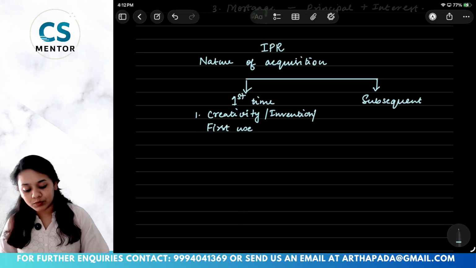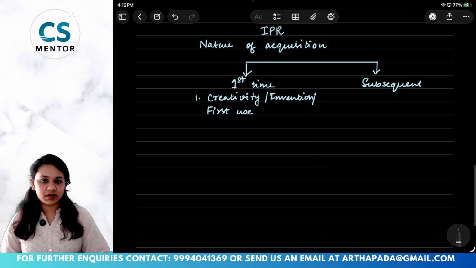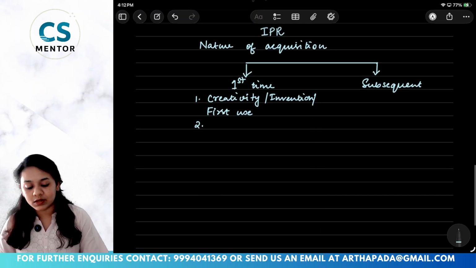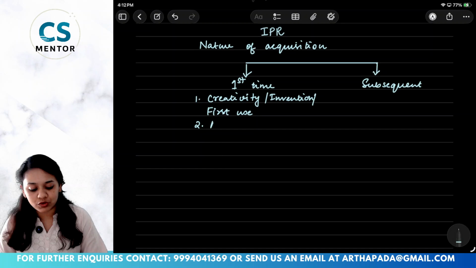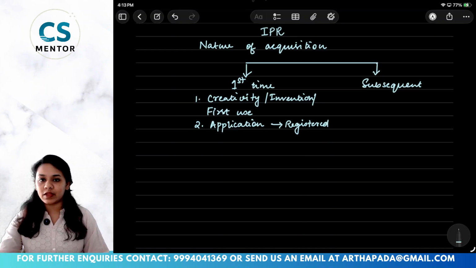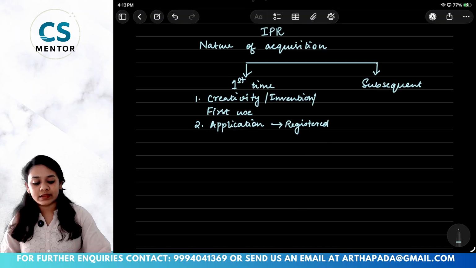But more importantly, it is not just creativity, invention and first use that grant you your first-time registration. Some intellectual properties require you to make an application to a particular authority and then get it registered. You make an application, and if that application has been granted to you, then we can say that it has been registered.